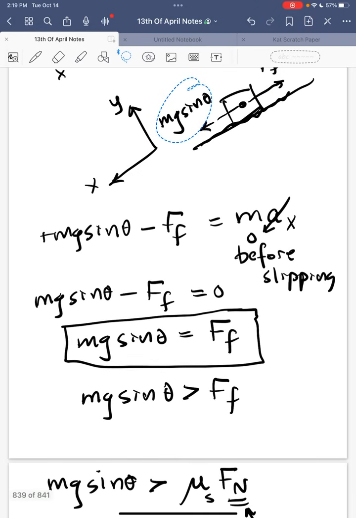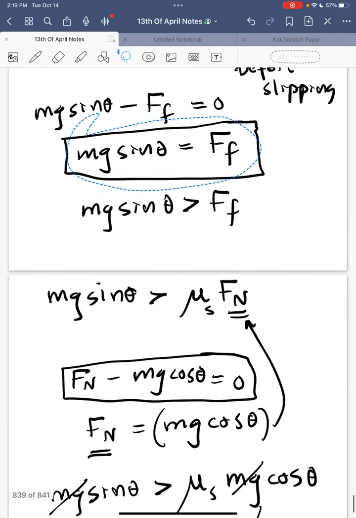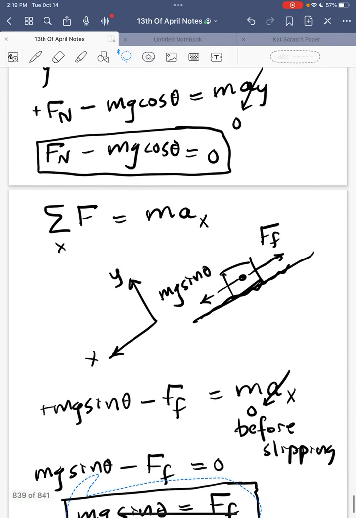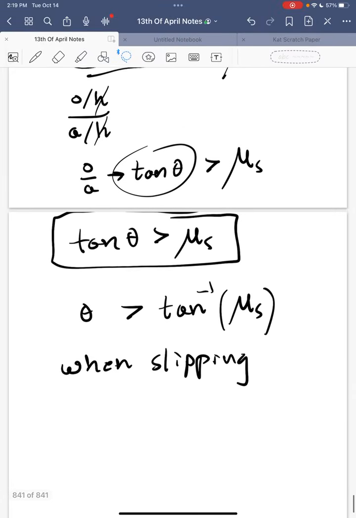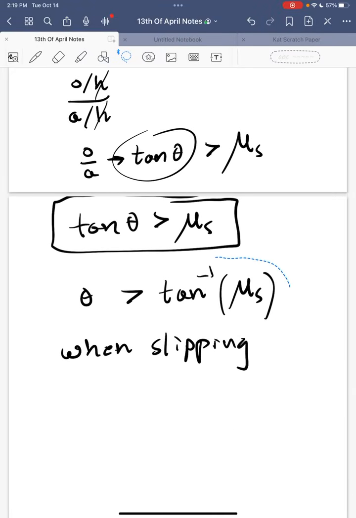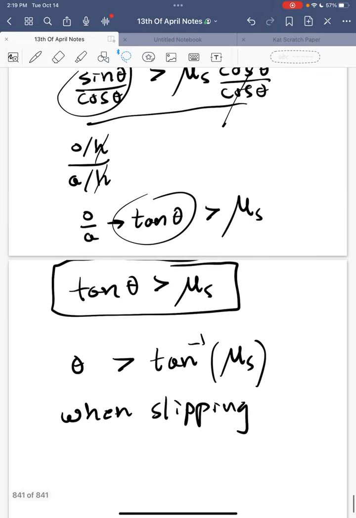And just before it slips, there will be no movement, and so there's no acceleration, so I get this equation. Once I get this equation, I can use it along with the previous equation we got in y and perform a substitution, and when you grind it all down, you basically get this. That'll be the angle at which things begin to slip, and it's based on the coefficient of static friction that gives us that.